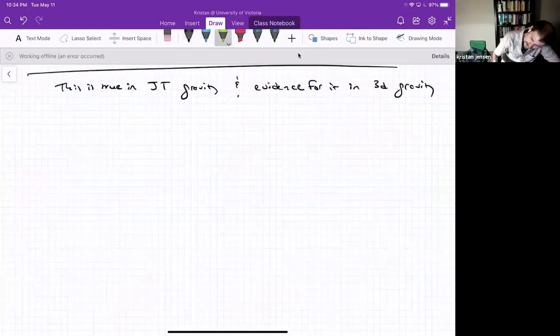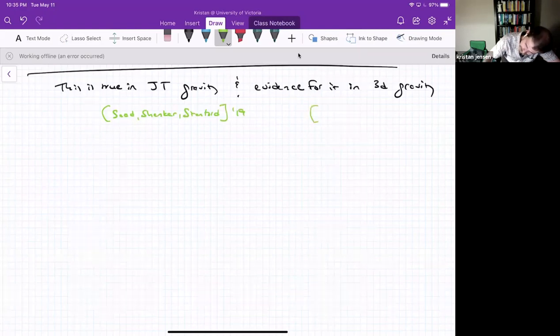So the statement in JT is due to a result of Saad, Shenker, and Stanford in 2019, and in 3D gravity, that's due to Jordan Cotler and myself in the paper that I mentioned from 2020.